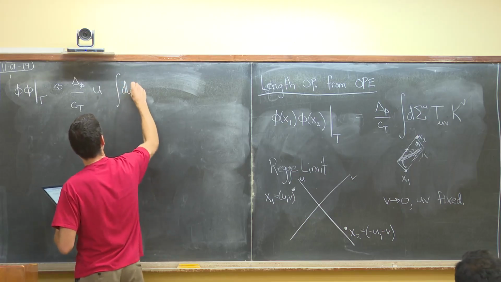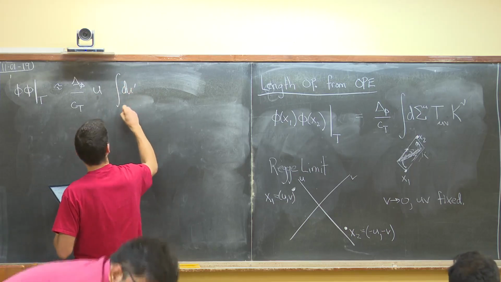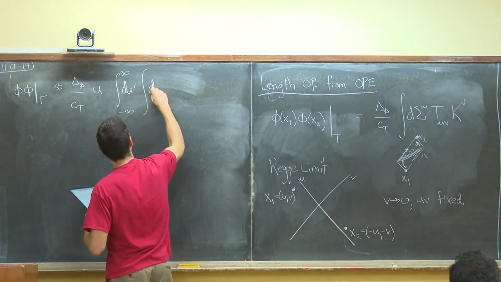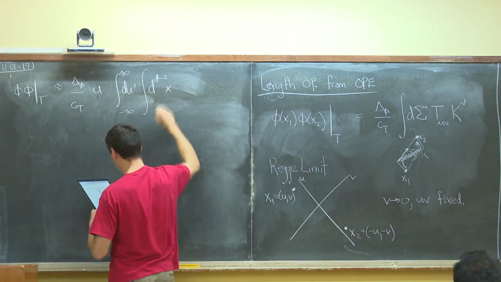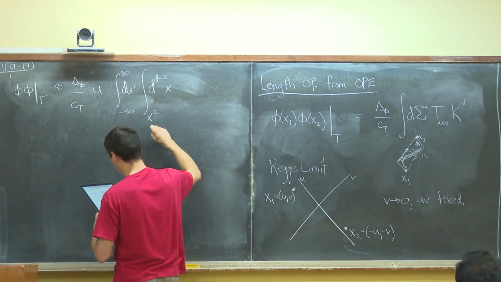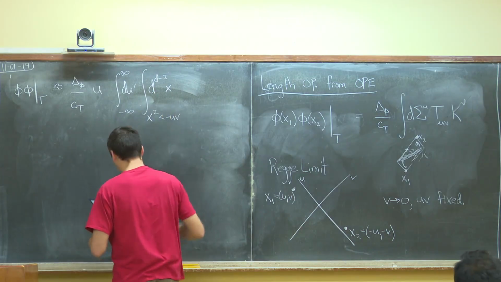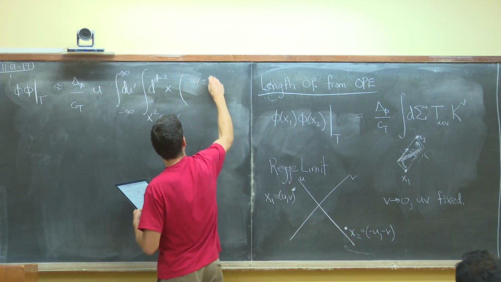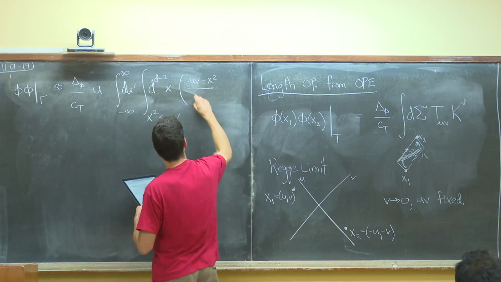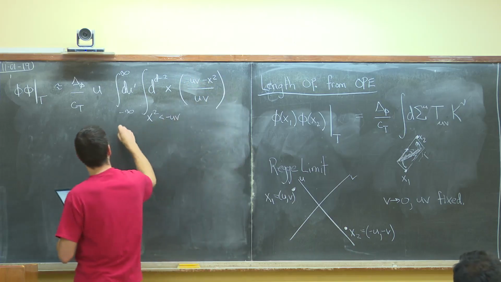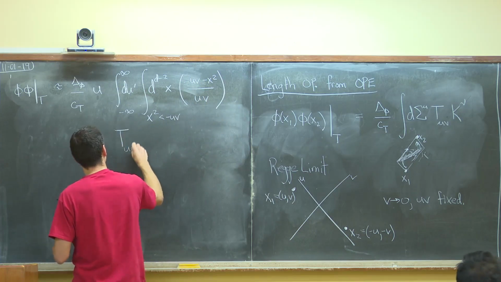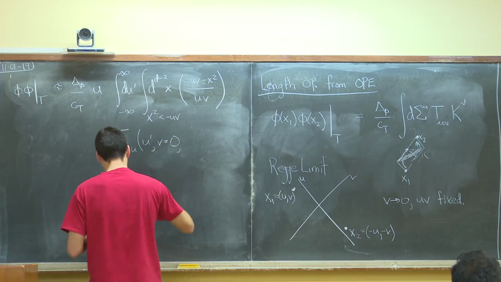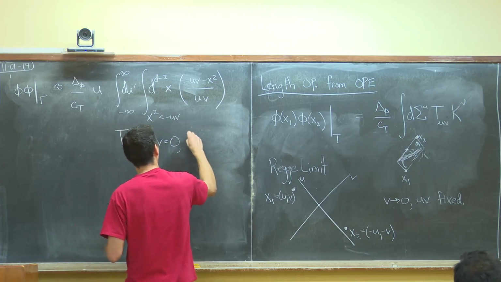Then we have du prime from minus infinity to infinity, d^(d-2)x over x squared less than minus uv, minus uv minus x squared over uv, T_uu of u prime, v equals 0, ix.